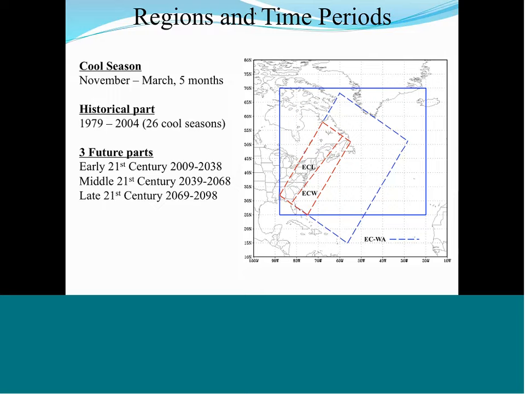Our domains of interest here are primarily this ECWA, the Western Atlantic extending into Eastern North America, the blue dashed line. But I'll also be showing you some results focusing on the East Coast, this ECL region for land and ECW for water regions, and so forth. I broke the future periods up into three 30-year periods: early, middle, and late 21st century.